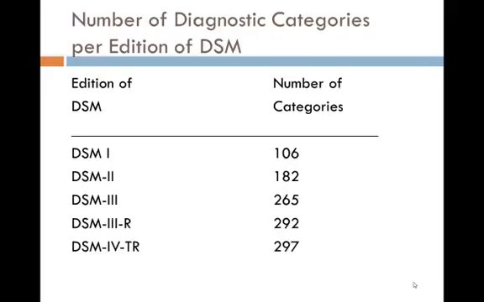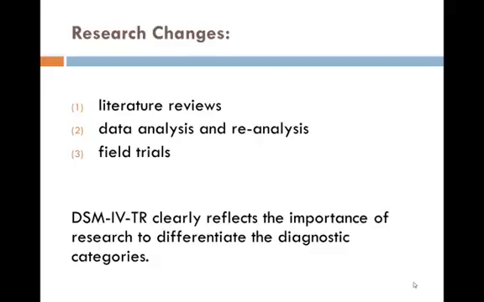So as it relates to the DSM and how the diagnostic categories come about, it's as a result of an enormous amount of literature reviews, combing through the literature, understanding behavior changes, understanding issues from a cultural perspective, various kinds of issues that must be taken into consideration.